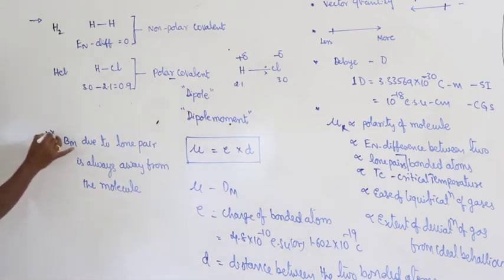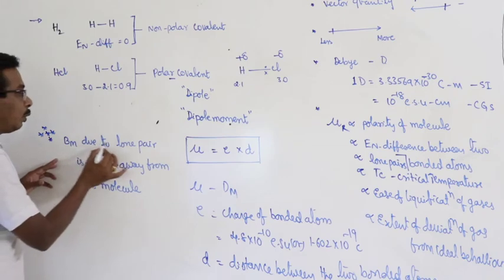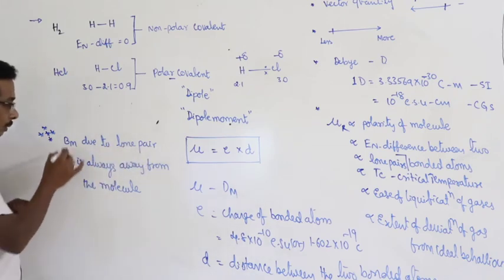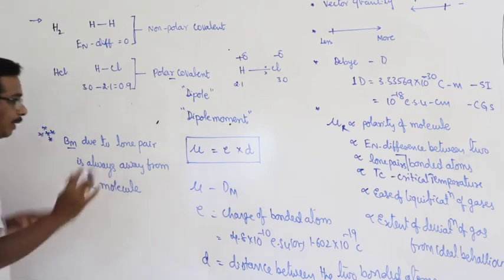Very important point. You have to keep this in mind. If you do not remember this point, you may fall into confusion. Bond moment due to lone pair is always away from the molecule.